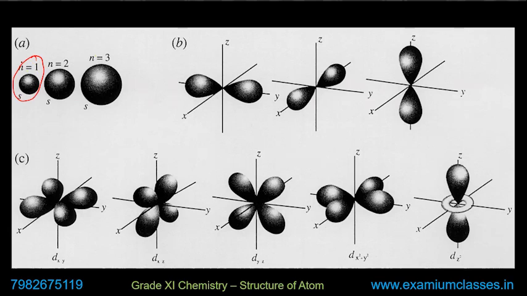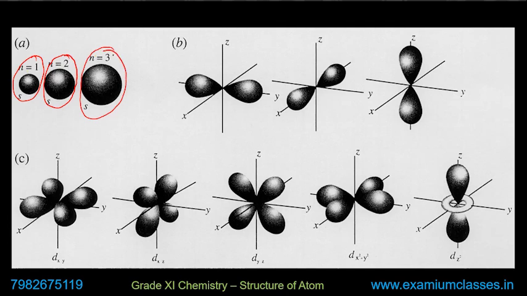In the second shell there will be an S subshell, which has only one orbital. Whether you say S orbital or S subshell, it is the same thing. In n equals 3, there will be one S subshell with one S orbital.